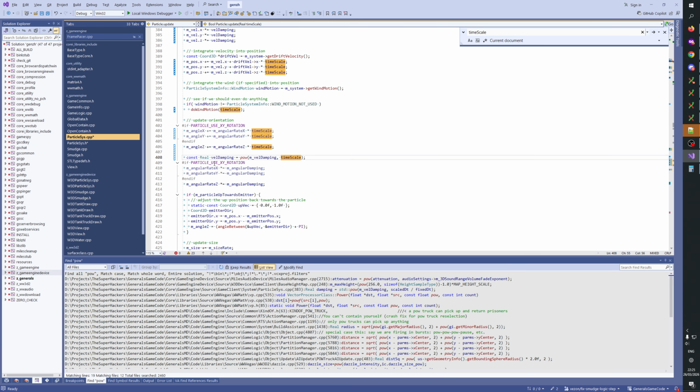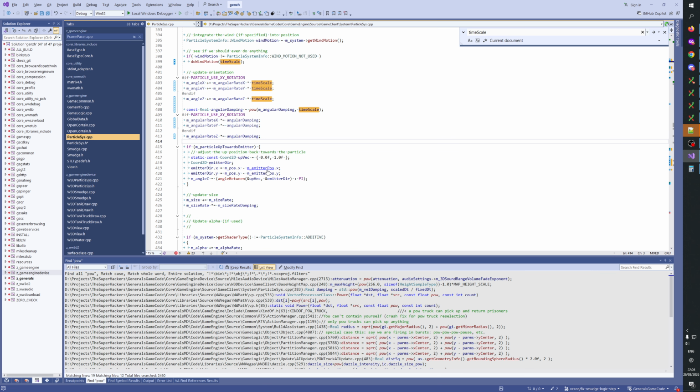Then here we do angular damping. Okay. Angle Z. What is this? Angle between, adjust the up position. Okay, this one is fine.